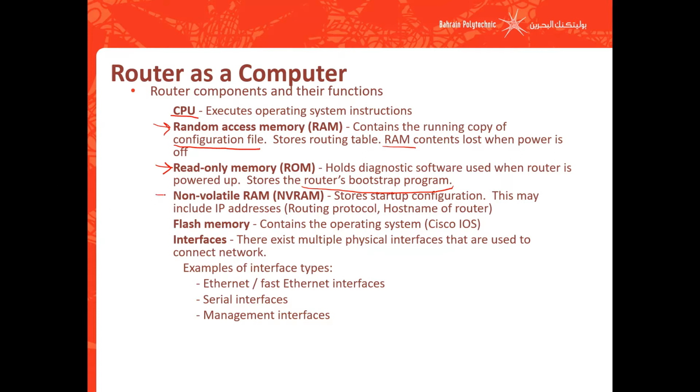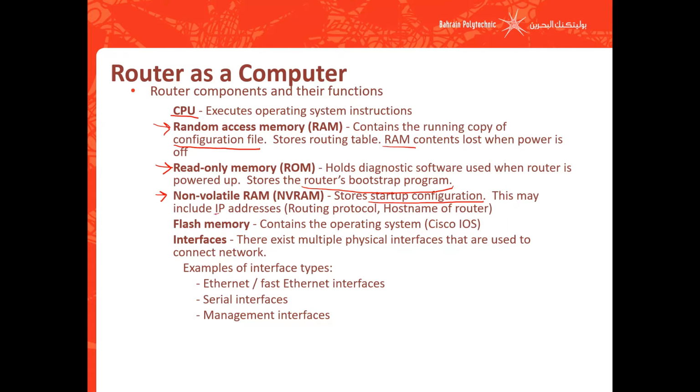The next one is non-volatile RAM, which is NVRAM. This one stores the startup configuration. So every time the router starts up, it uses this configuration file or the setting file to basically reboot or to start. Okay, this may include IP addresses.